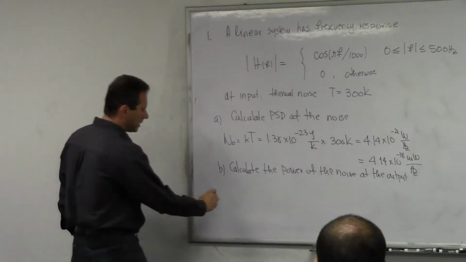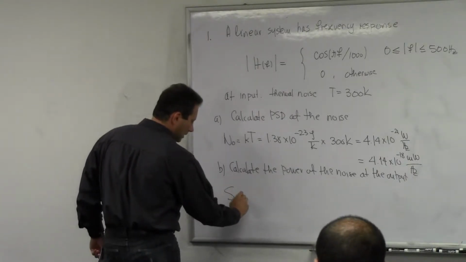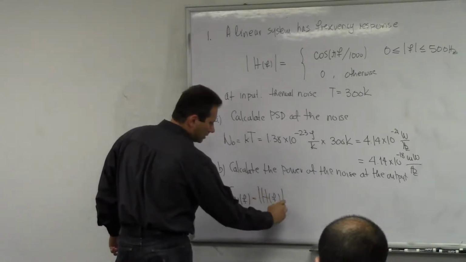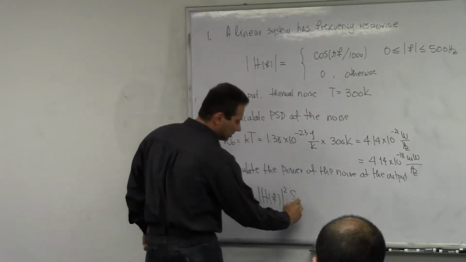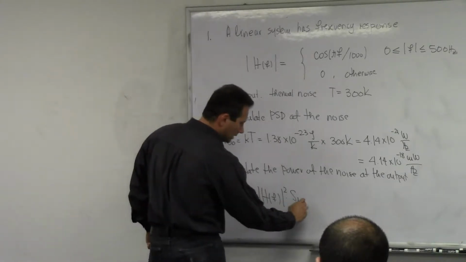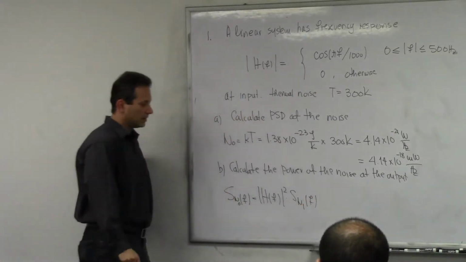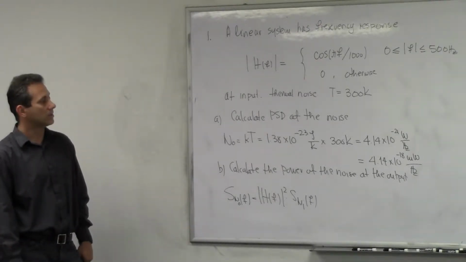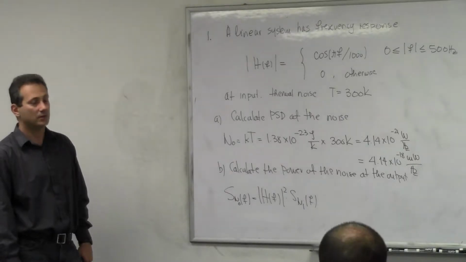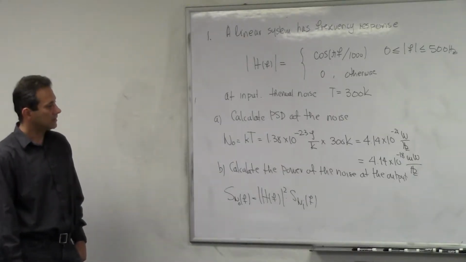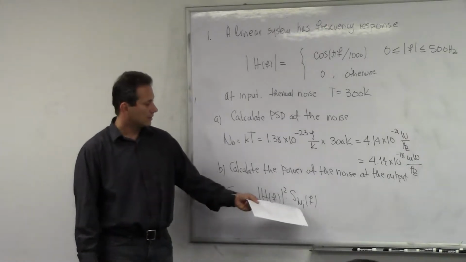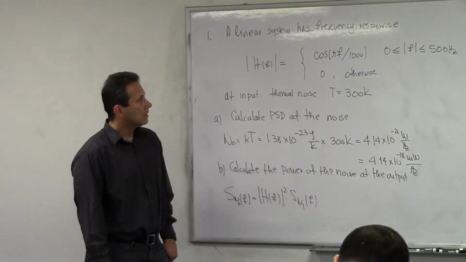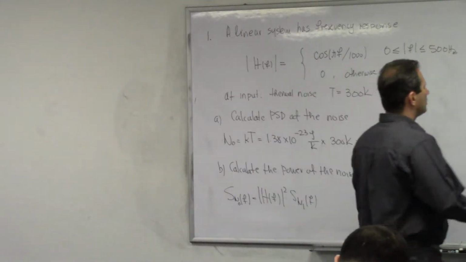Well, I know that the power spectral density at the output is going to be the magnitude of H(f) squared times the power spectral density of the noise at the input. This is the relationship that comes over and over again. It tells us how random processes propagate through linear time-invariant filters. In our case, the input is the same. It's kT for one-sided and kT over 2 for double-sided.